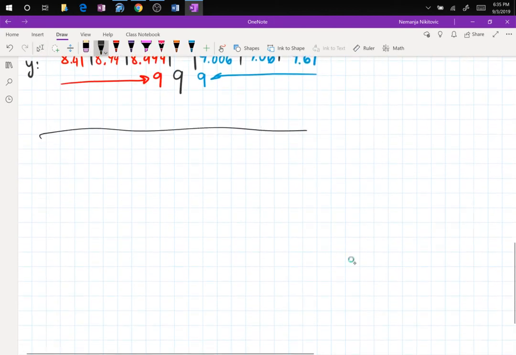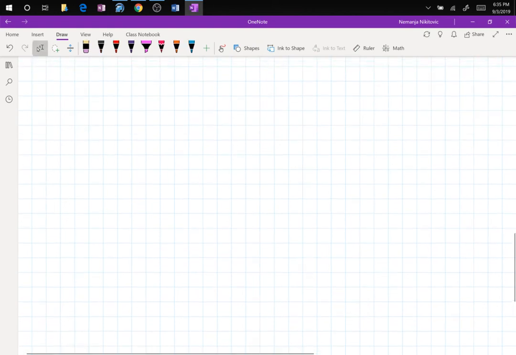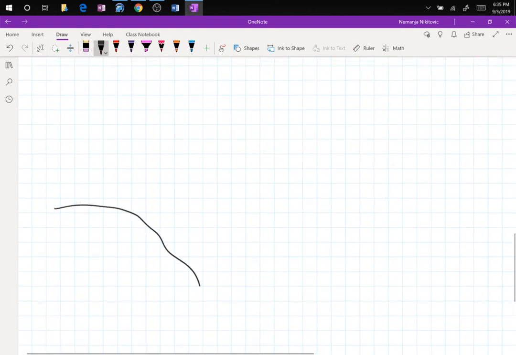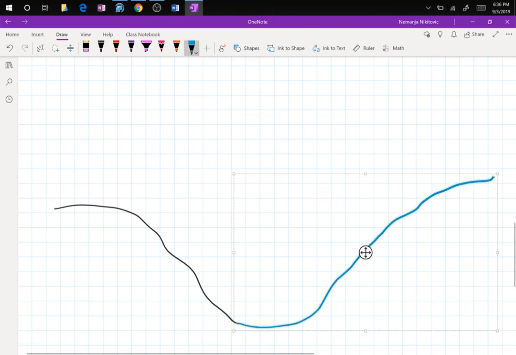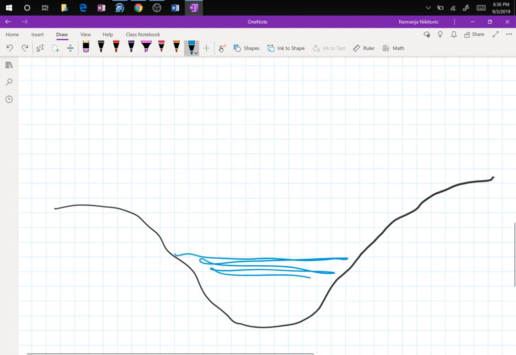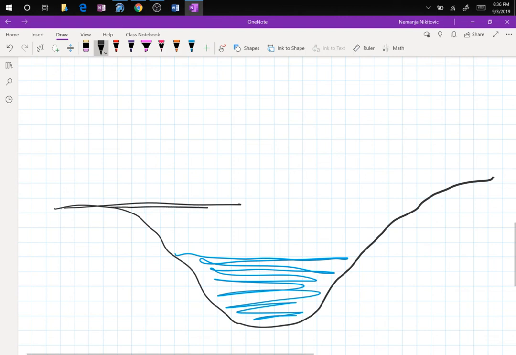Let's say over here, we're going to have a cross section of a river, and now we're going to have some bridge stretching across, except this bridge is going to have a section missing.